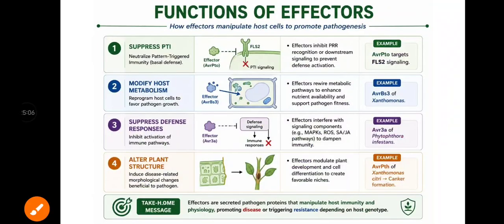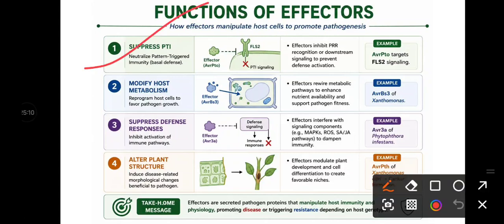And ultimately the function of effectors: they suppress PTI, modify host metabolism, suppress defense responses, and ultimately alter the plant structure in favor of the pathogen. So this is all about effectors.